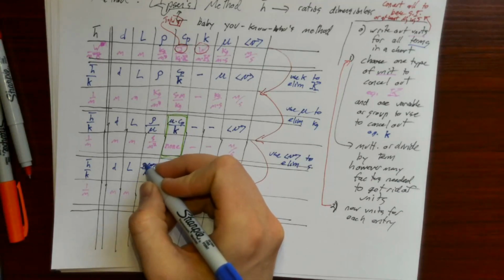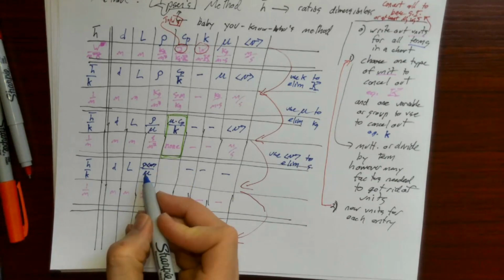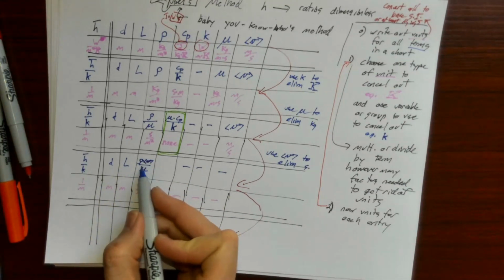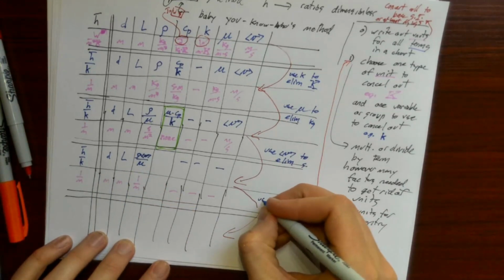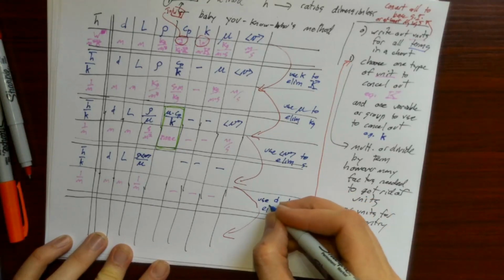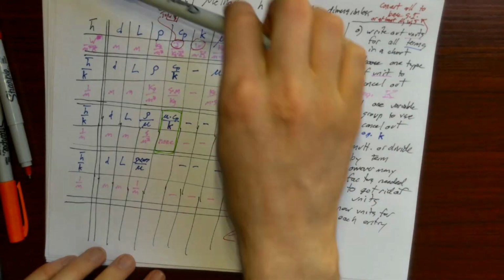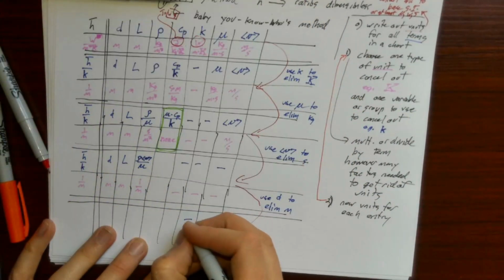But seeing here, I have rho v over mu. This is looking an awful lot like something familiar, right? It looks an awful lot like the Reynolds number. The only thing it needs to be the Reynolds number is diameter. So I'm going to choose diameter so I can have the familiar Reynolds number right here. So I'm going to use diameter to eliminate meters as units. When I do that, I've already eliminated all of these things.